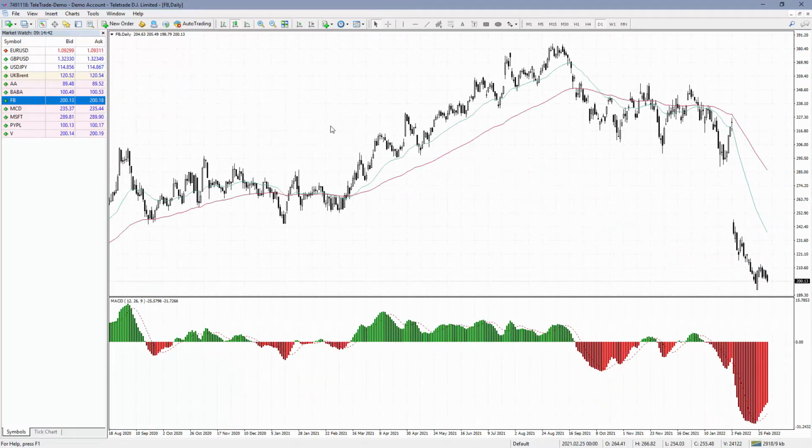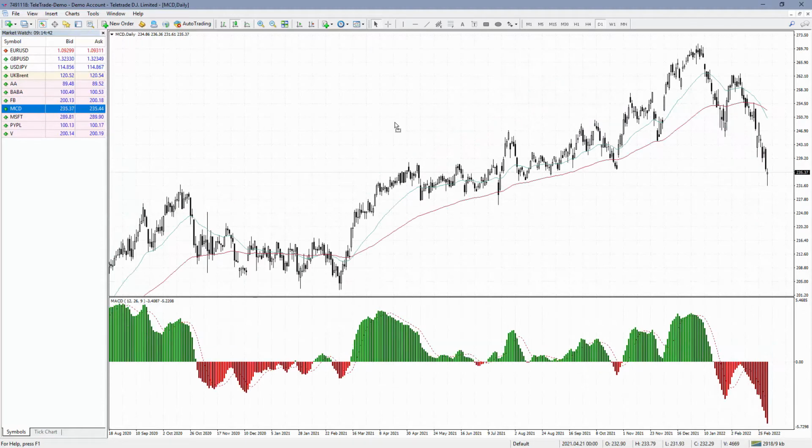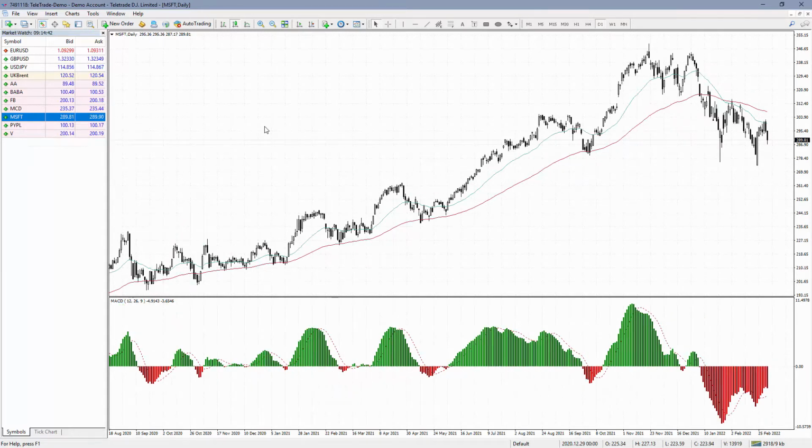FB Facebook. Zone for purchase. Area for sale. MCD McDonald's. Zone for purchase. MSFT Microsoft. Zone for purchase.